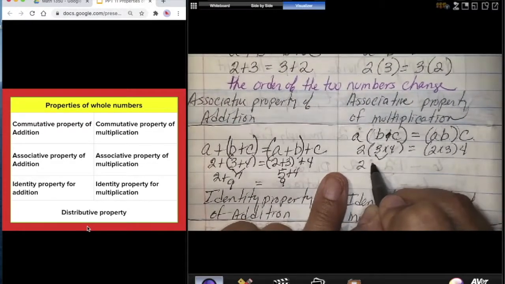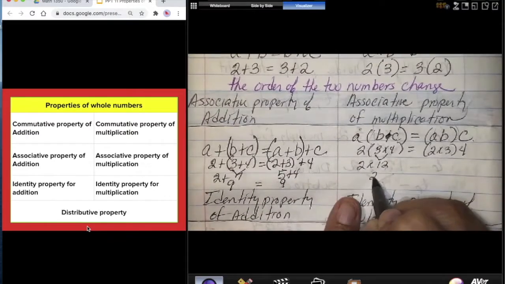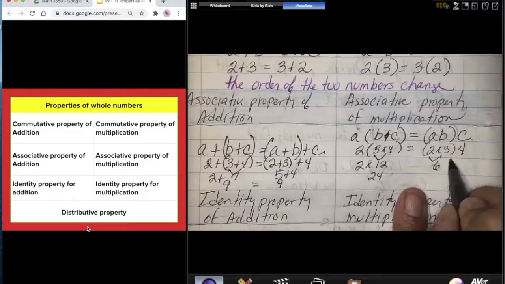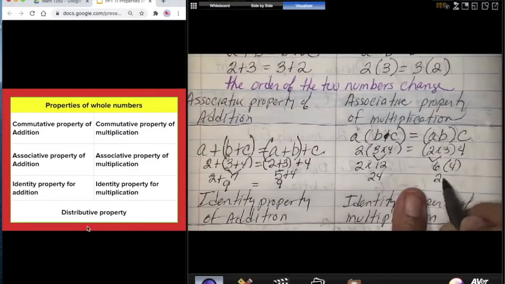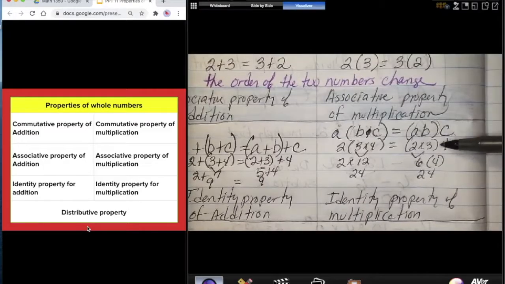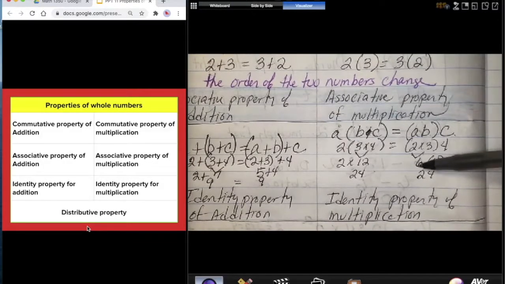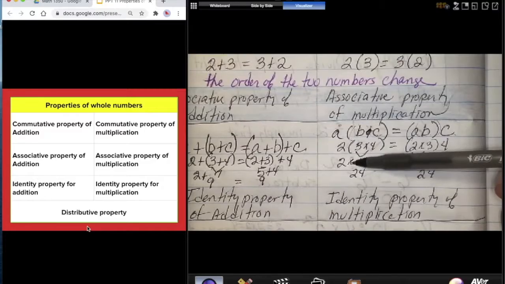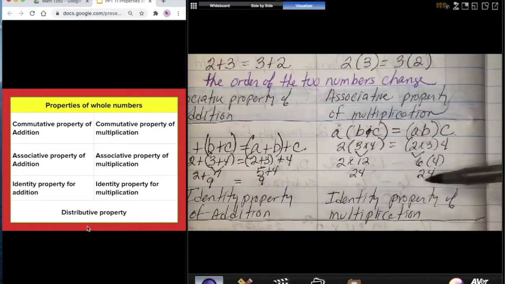So 2 times 12 is 24 over here. 2 times 3 is 6, times 4 is 24. Notice on the right-hand side, I left my parentheses to indicate multiplication. So 6 times 4 is 24, while over here I dropped the parentheses, but I included the x for multiplication. Either method is correct.